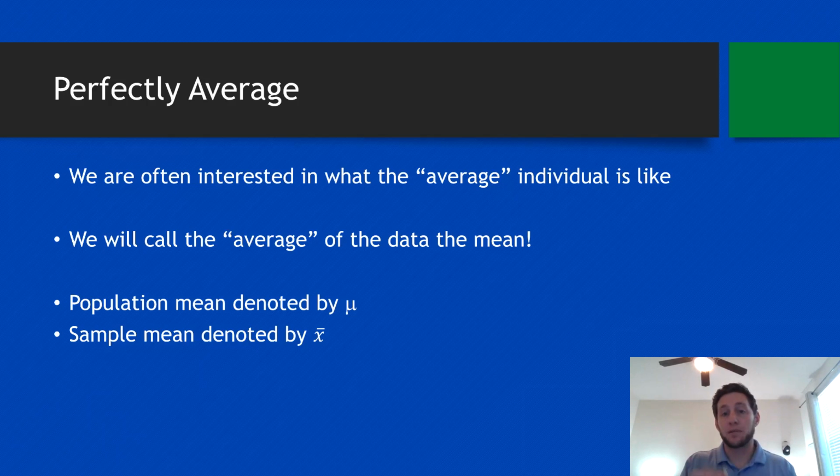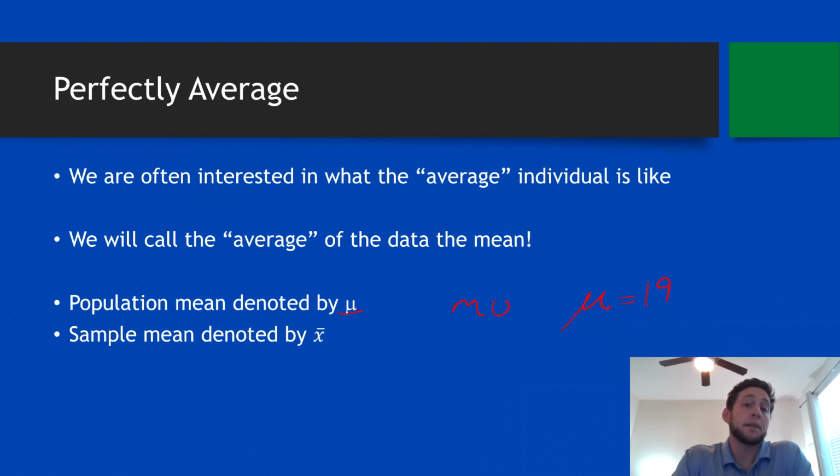We have different letters representing the mean of each. For instance, mu will denote the population mean. So if you ever see something like mu equals 19, that means the population mean is 19.